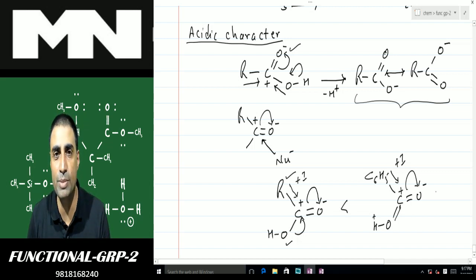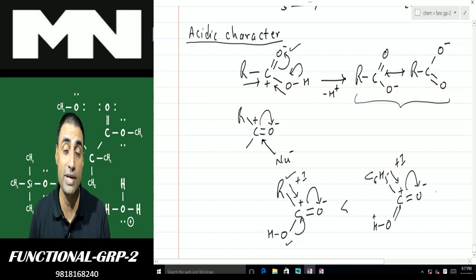One thing you have to keep in mind: no matter whether it is an alkyl group or an aryl group, the carboxylic group attached to it is electron withdrawing, and it will withdraw electron from both of these groups. No doubt, the electron donation of the alkyl group is more as compared to the aryl group. So aromatic acids are more acidic than aliphatic acids.